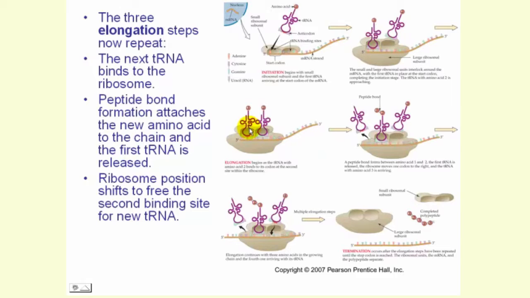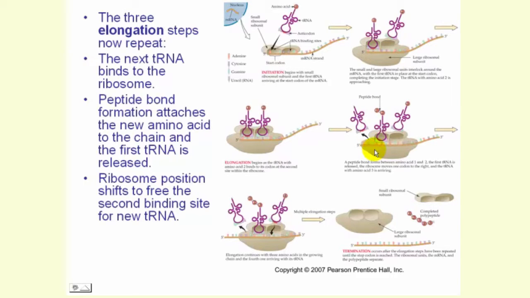So once the second amino acid has arrived, what we have is an enzyme in the large subunit that catalyzes formation of a new peptide bond. And basically what happens is the bond of amino acid 1 is broken with its transfer RNA. The first transfer RNA is then going to leave the ribosome, and the entire ribosome then is going to shift 3 positions.